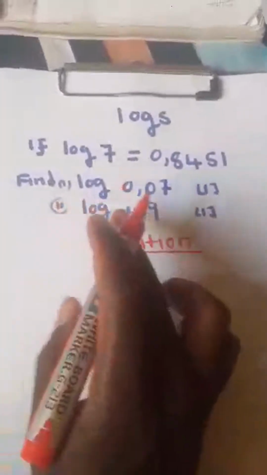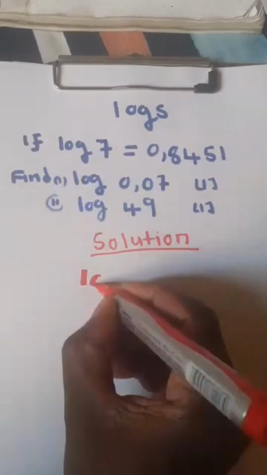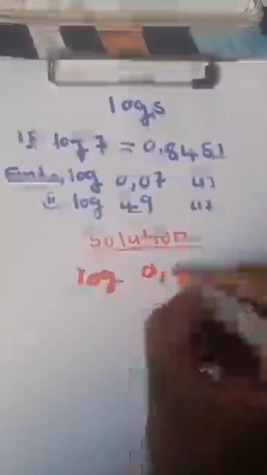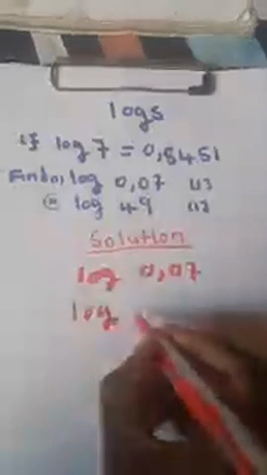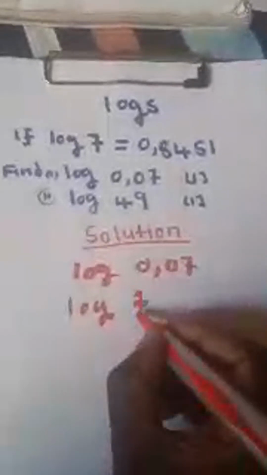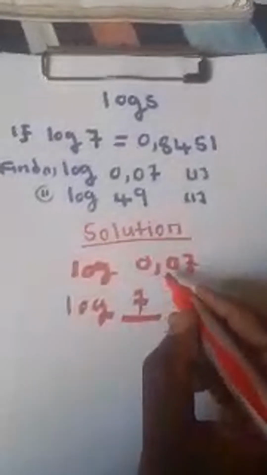Okay, so log 0,07 is the same as log 7 over, it's 7 over what? How many digits after the comma?